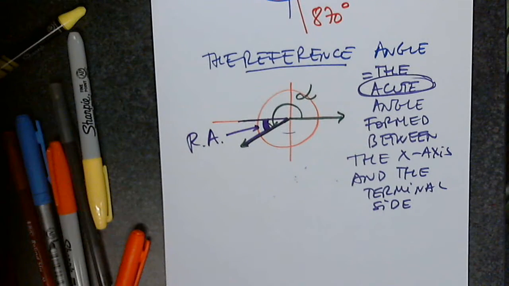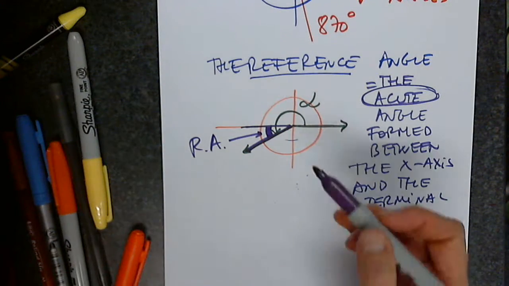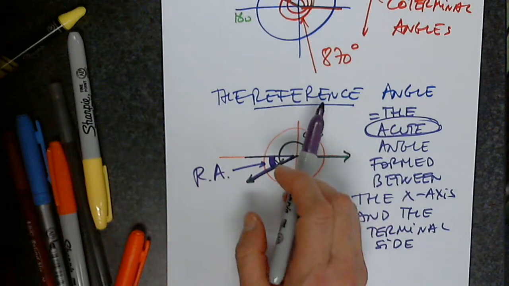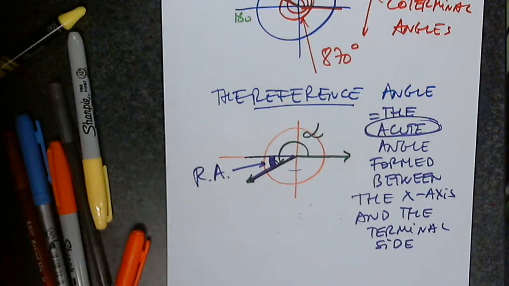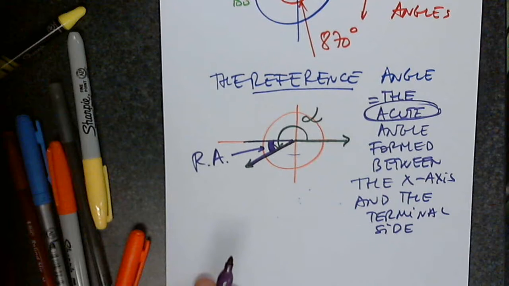Yes, please. Why can't you use that 270 degree angle? Very good question. You could use the y-axis. But the reference angle is defined using the x-axis, and it's easier. And I'll show you why it's easier. But yes, you could use the y-axis and consider this the reference angle, but I don't recommend it.